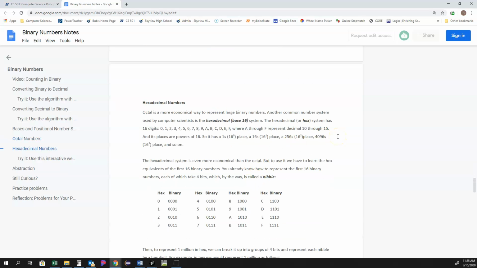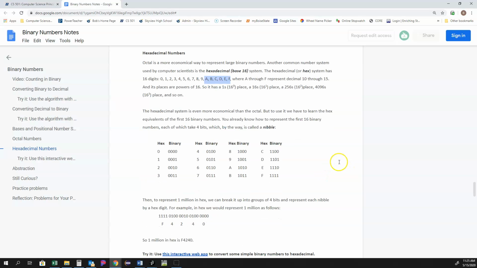There are also hexadecimal numbers. Another more economical way is to represent numbers in a hexadecimal, or base 16, system. In a base 16 system, we have place values of 0 through 15. We represent 0 through 9 with numbers and 10 through 15 with letters A through F. Again, just the same, we have a ones place, a 16s place, which is 16 to the first power, a 256s place, which is 16 to the second power, and so on.